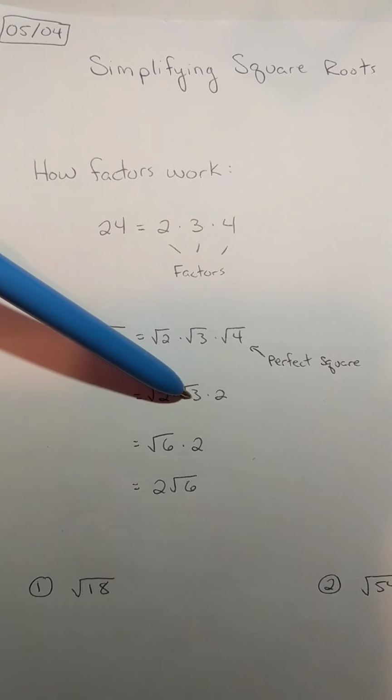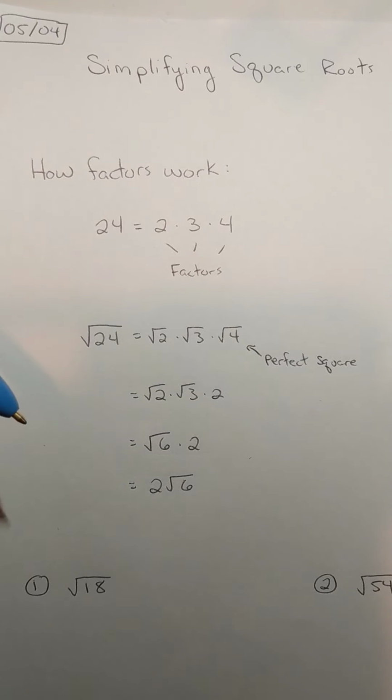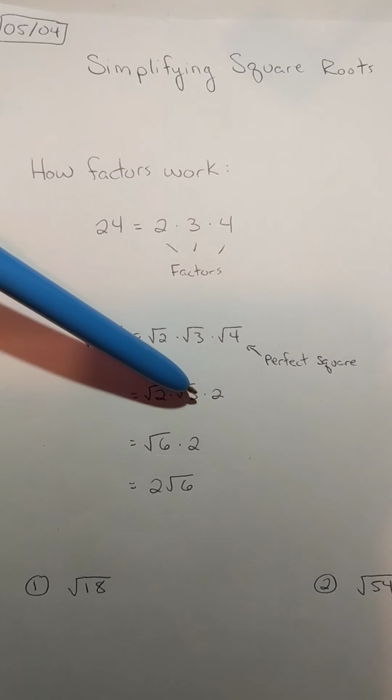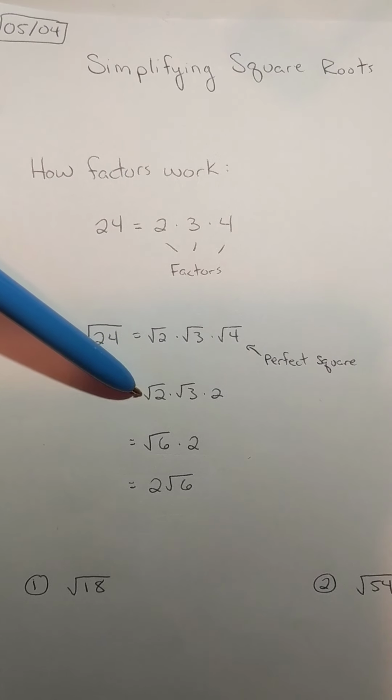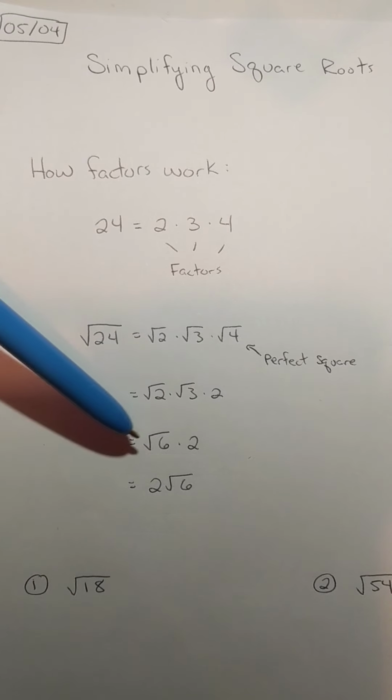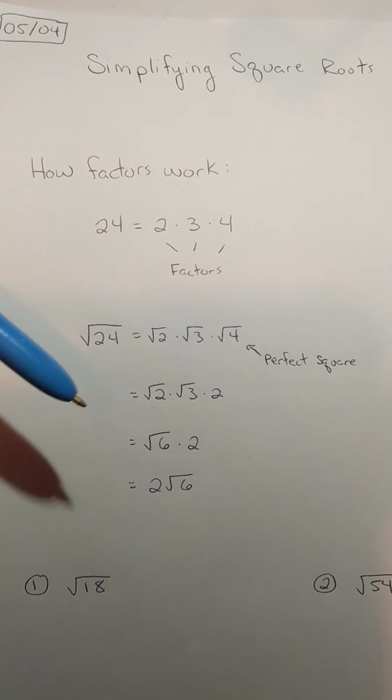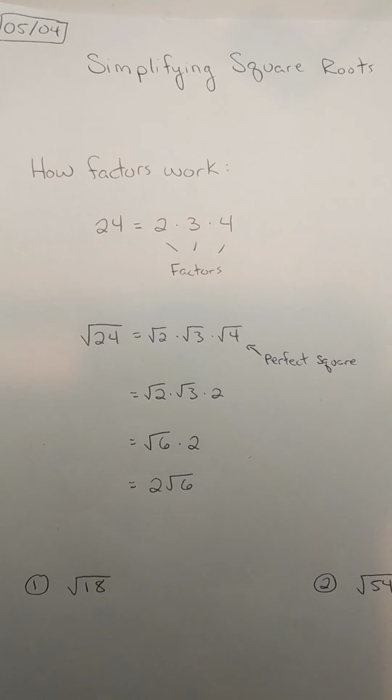Now these two radicals are not perfect squares, so I'm going to multiply the radicands together. That's the number inside the square root symbol. And 2 times 3 is 6. So the square root of 6 times 2. And this last step is a technicality. You always want to have the coefficients first, so 2 root 6, or 2 times the square root of 6. That is the simplified version of the square root of 24.